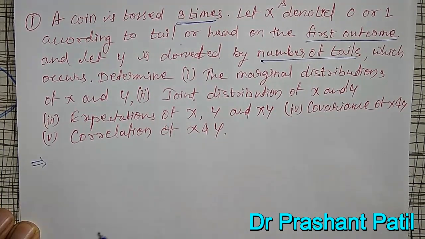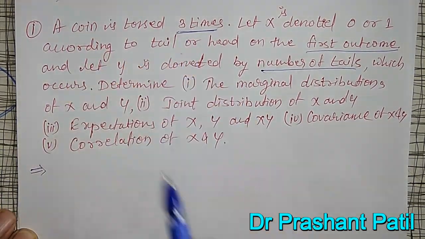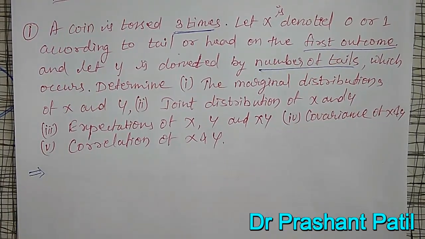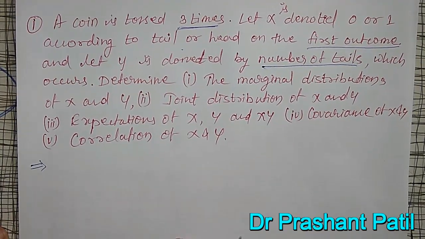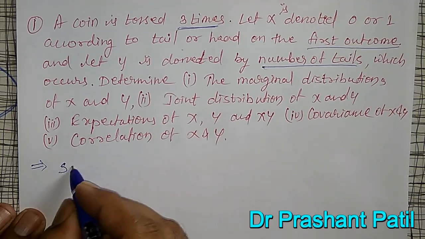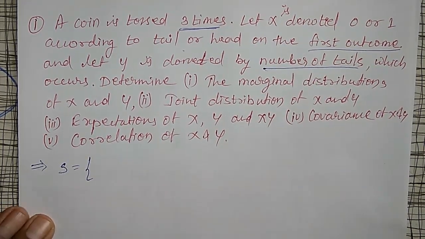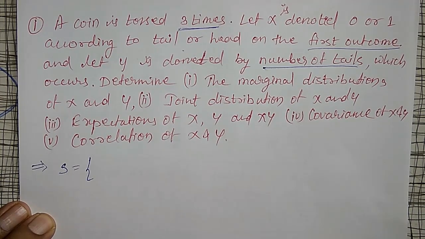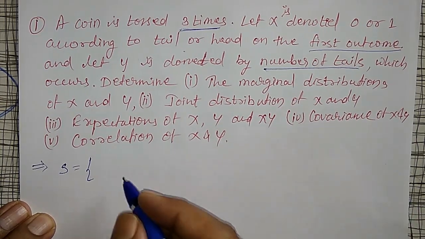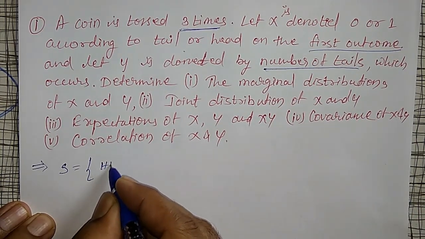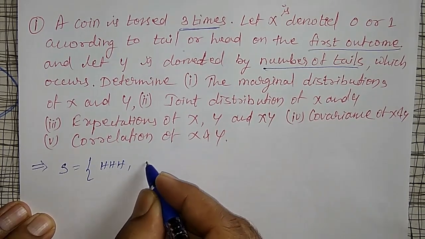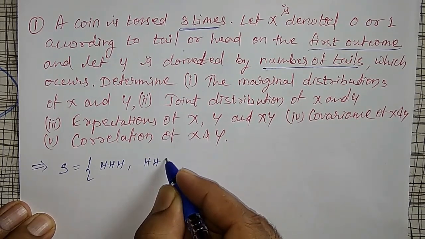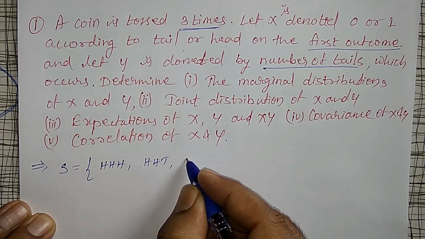Simple thing. First, a coin is tossed three times, so my sample space S will have a total of 8 possible outcomes, which is known as the sample space. Those are all the ways the heads may come: first two heads, third one tail, like that.